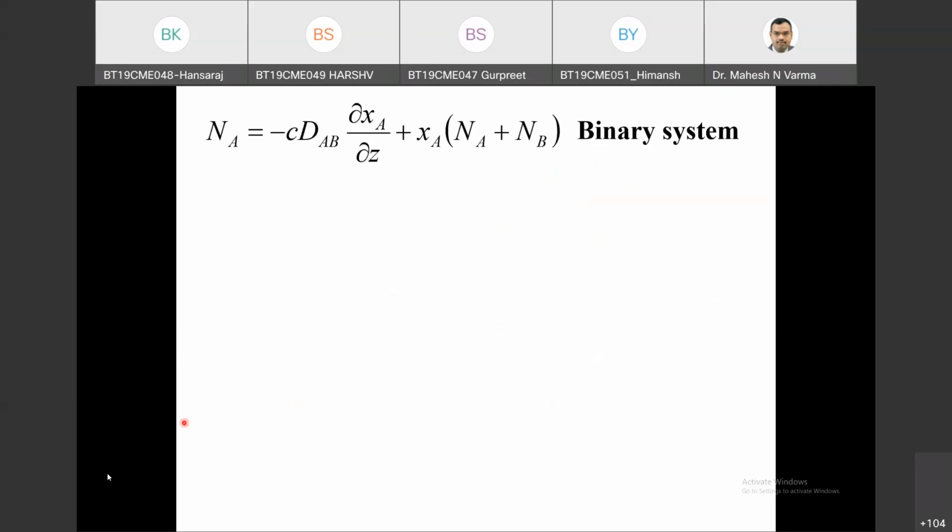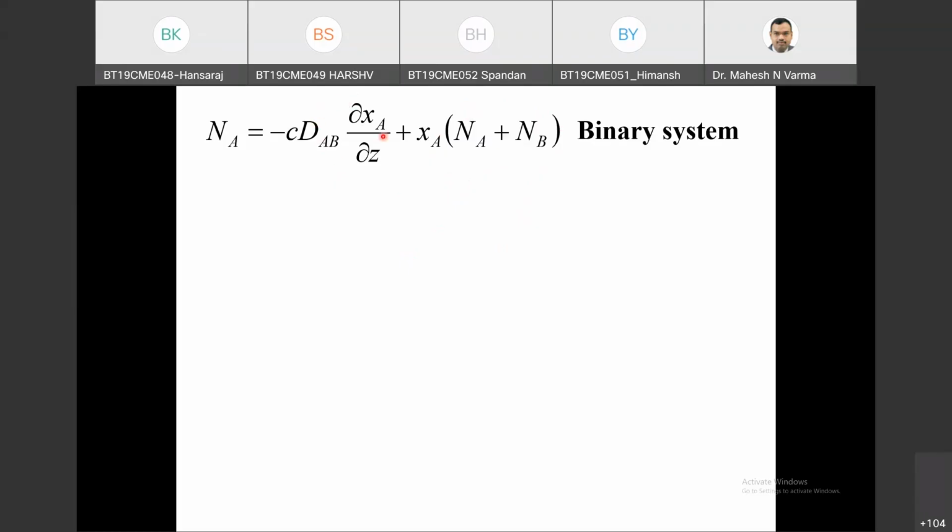Roll number 52, Spandan. This NA consists of two parts. What is the first part indicating? What is the second part explaining? From where are you getting the first part, and from where the second part?